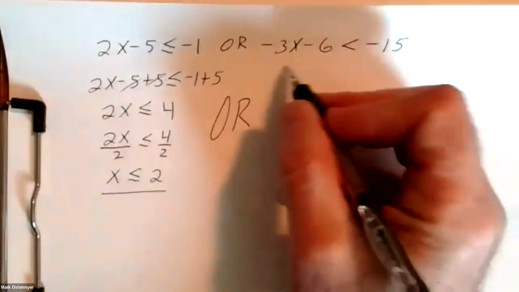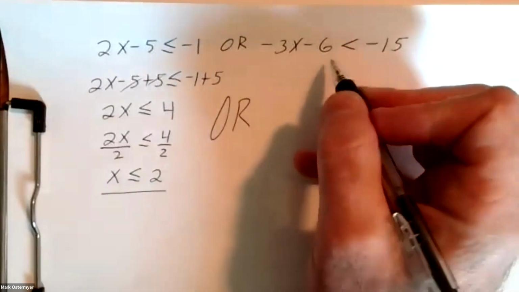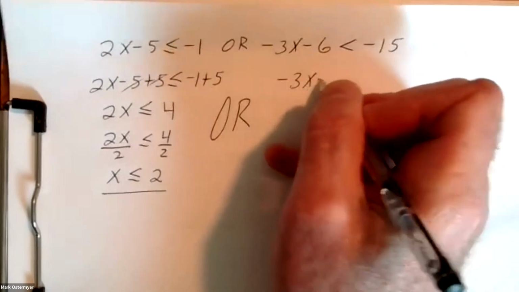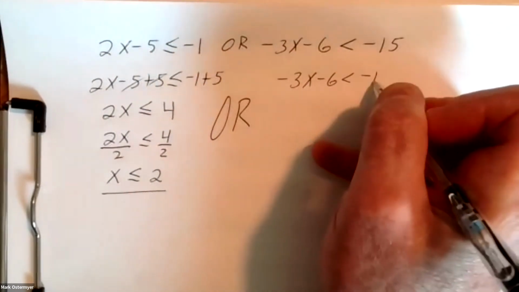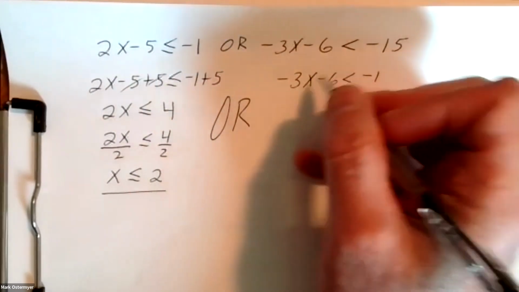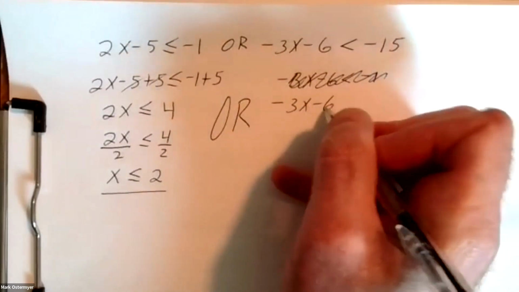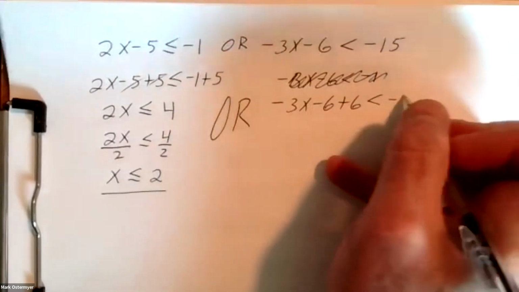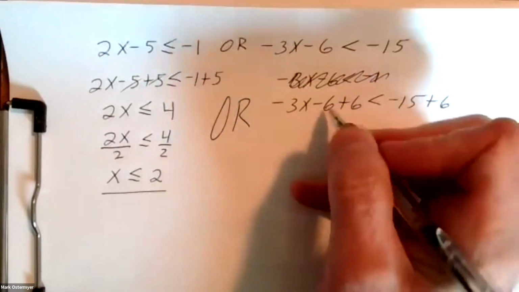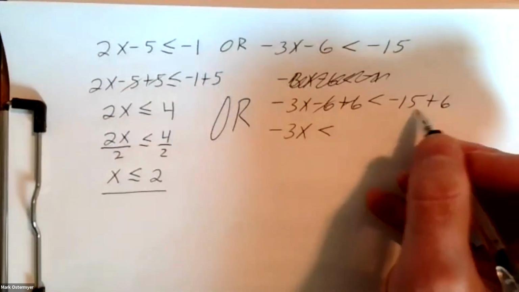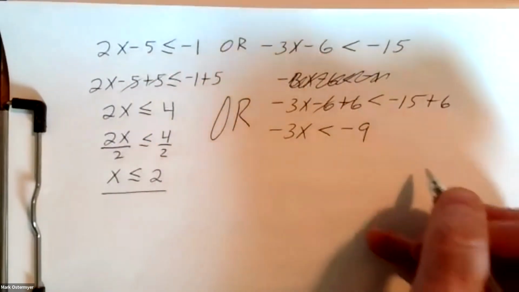But there's another one. We got to solve this inequality for x now. To do so, we add 6 to both sides. Well, hold on. We got to add 6 to the left and add it to the right. These 6s drop out on the left, leaving you with -3x, and that's going to be less than -9 on the right.